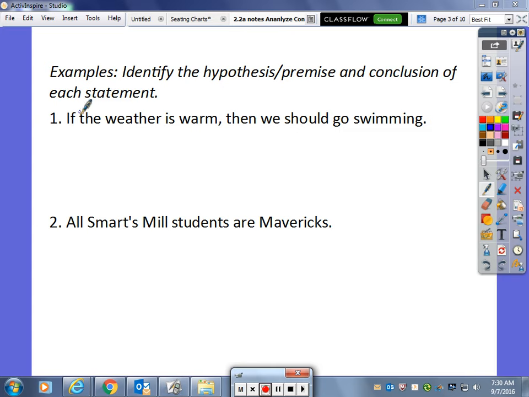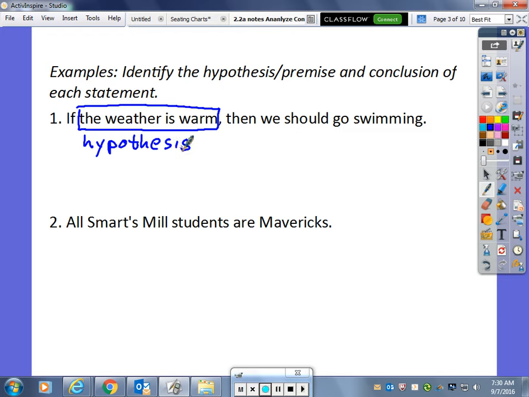Following the word if comes our hypothesis: the weather is warm. And following the word then, we have our conclusion: we should go swimming.